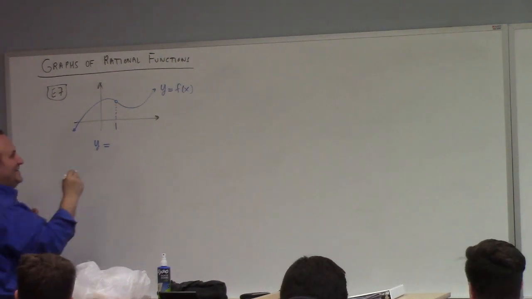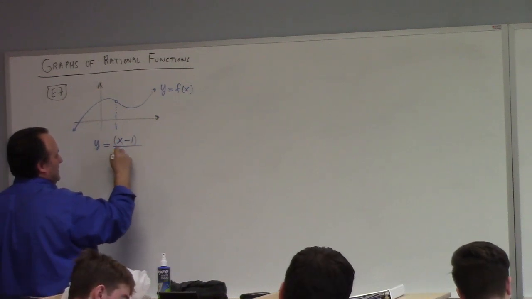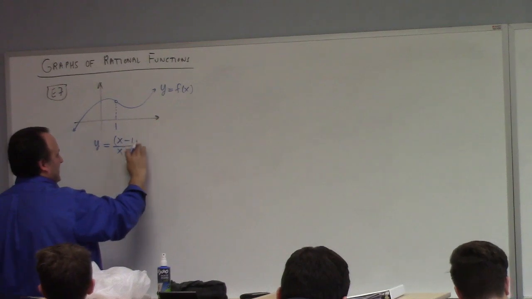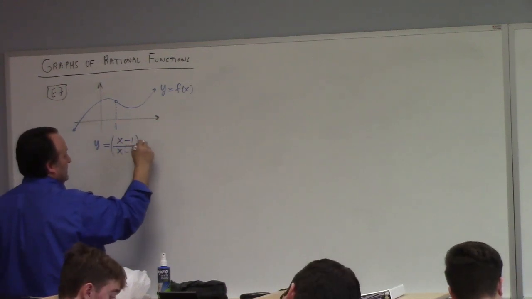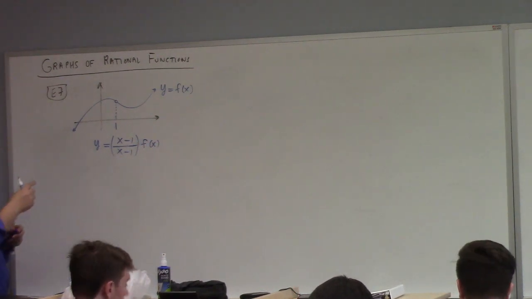What I do is I just take this function, x minus 1 over x minus 1, which is a very silly function, times f of x. That punches a hole.